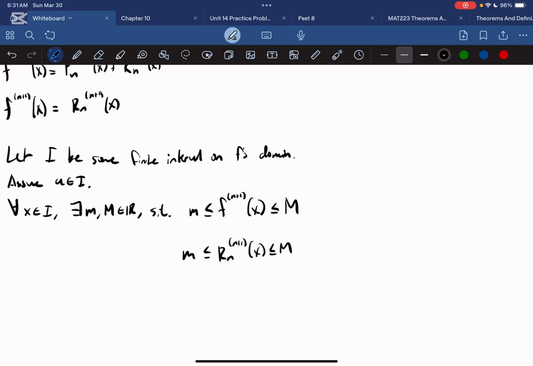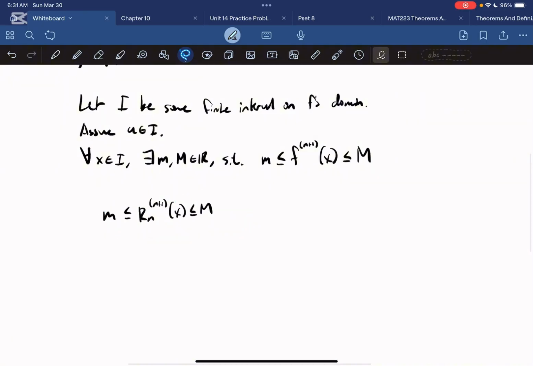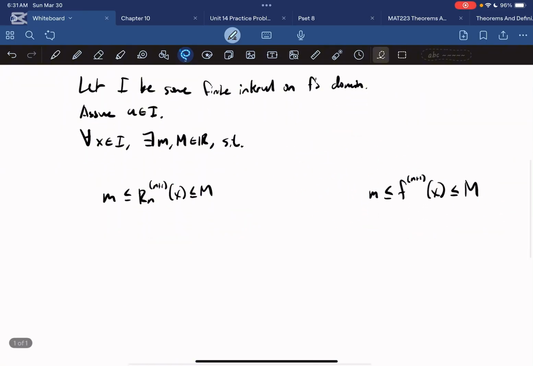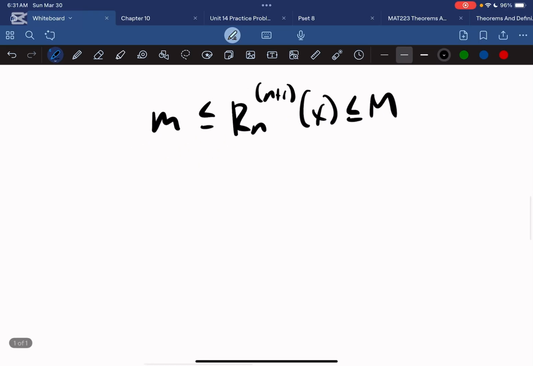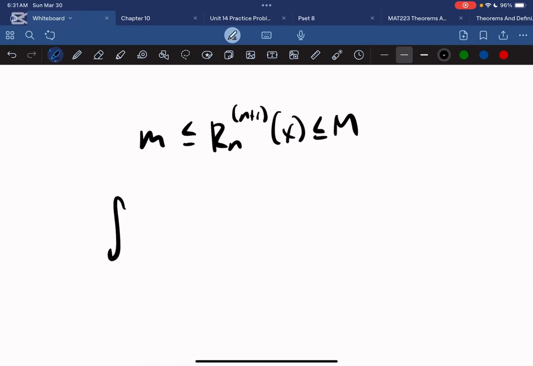And we're going to do two derivations to get some equality with the remainder. All right? Let's take a look at this guy over here. We're going to integrate this guy from a to x, okay? With respect to x.